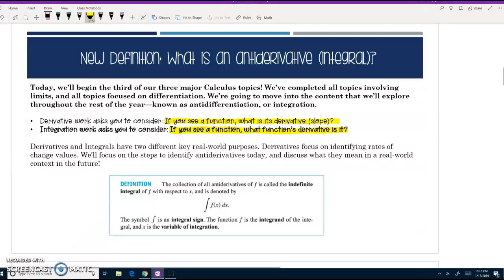Now what it mentions here is that derivatives and integrals have two key real-world purposes. So when it comes to the use of derivatives, derivatives are focused on identifying rates of change, so how something changes over time. When it comes to antiderivatives, which is another word for integration or the reversal process of taking a derivative, it means something slightly different in context.